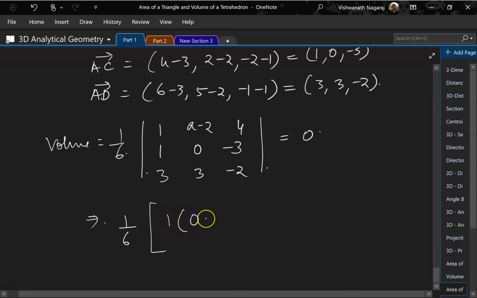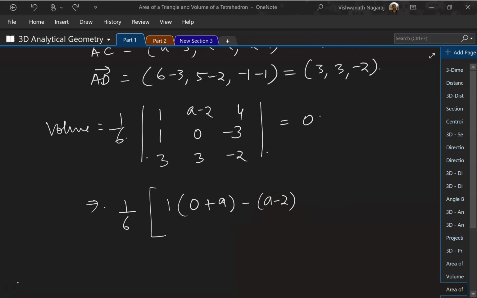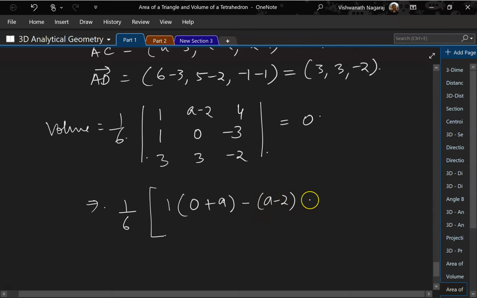1 times (0 plus 9), minus (a minus 2) times (minus 2 minus, that is plus 9), minus 2 plus 9 is 7.